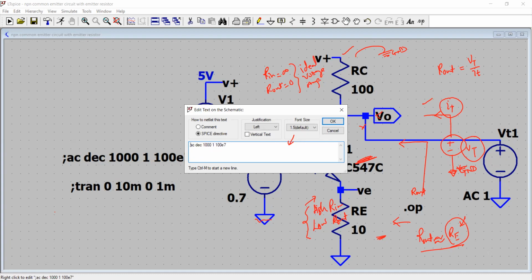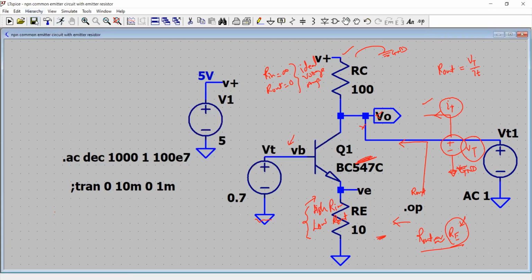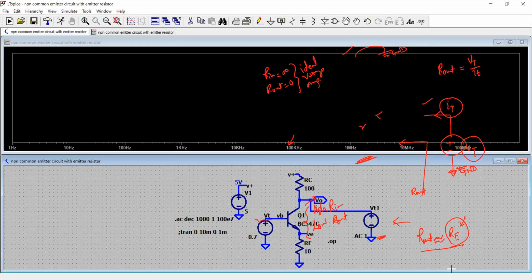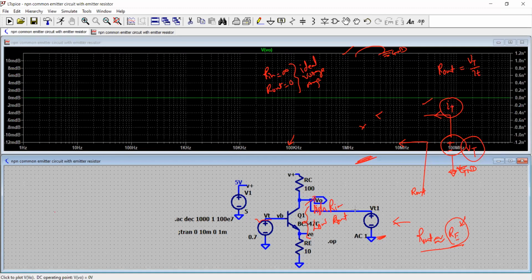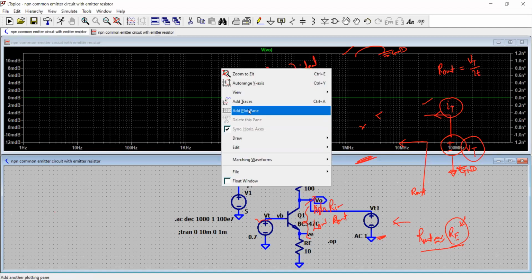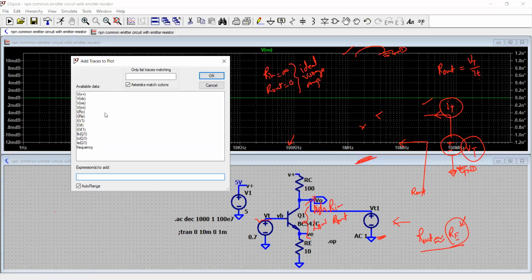So I will enable this AC analysis, click OK, simulate, and now VT1. I want actually a VT1. So that is essentially a VO. Oh, so let us add trace, that is VO divided by I of VT1.